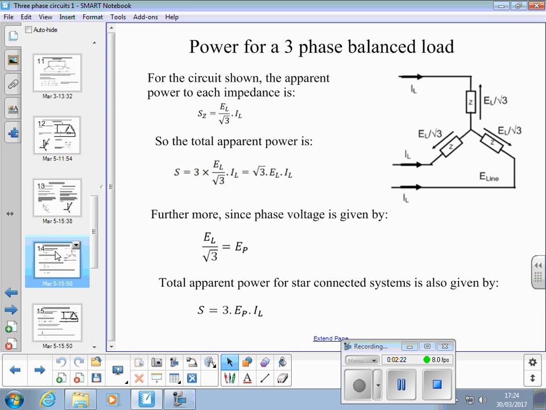That turns it into phase voltage, times the line current. That comes from the formula P is E times I. It's just showing that it's the line voltage divided by √3, so that turns into the phase voltage here. This voltage.